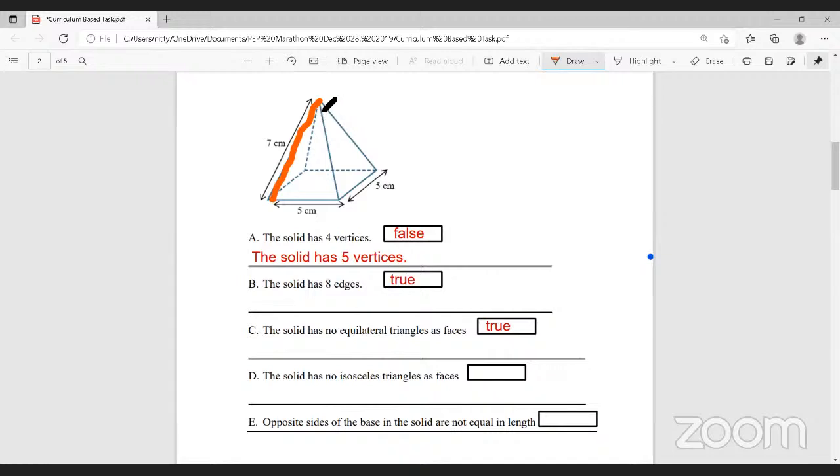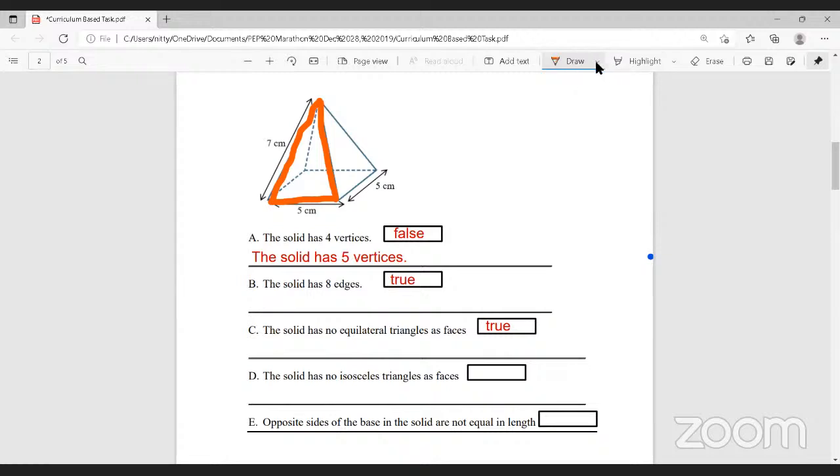And that length I've drawn so far is 7 centimeters. As you can see, this one here is also 7 centimeters. And this one here is 5 centimeters. So it means then that this triangle, if you say 2 of the lengths must be the same, that means this triangle is an isosceles triangle.